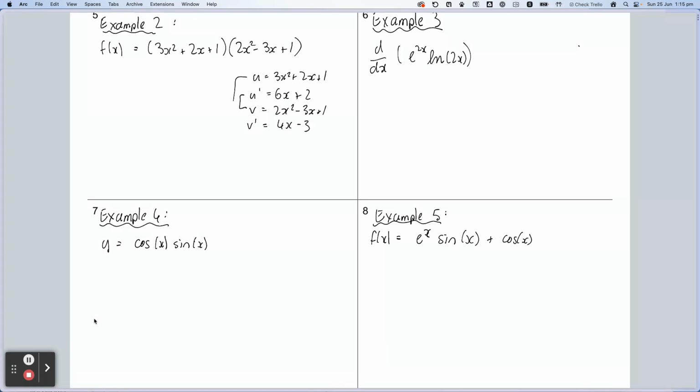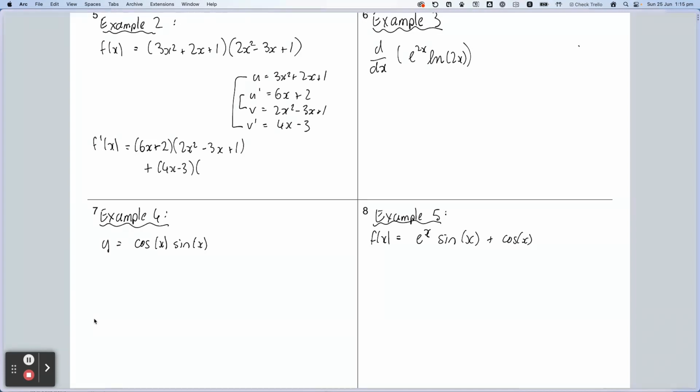There's the inside, there's the outside, and we add them together for the derivative. f dash of x is equal to, inside, so that's 6x plus 2 multiplied by 2x squared minus 3x plus 1, plus, multiply the outsides there. So we've got 4x minus 3. I'm just putting the smaller expression first. So 4x minus 3.